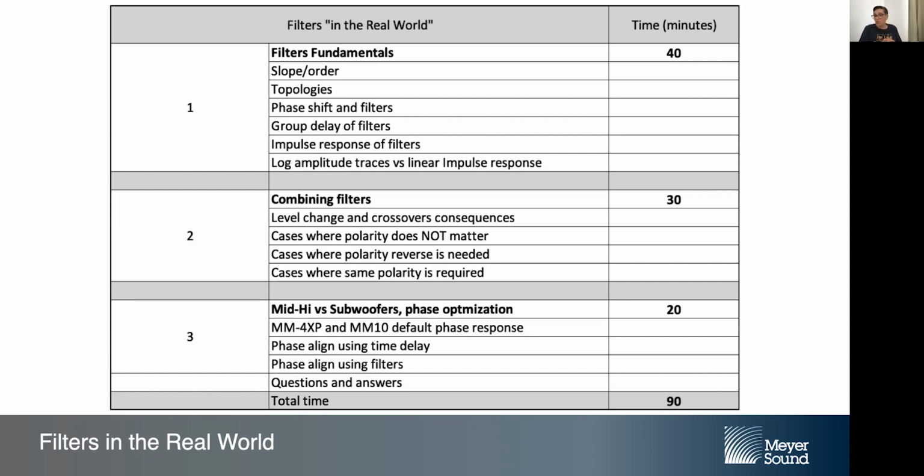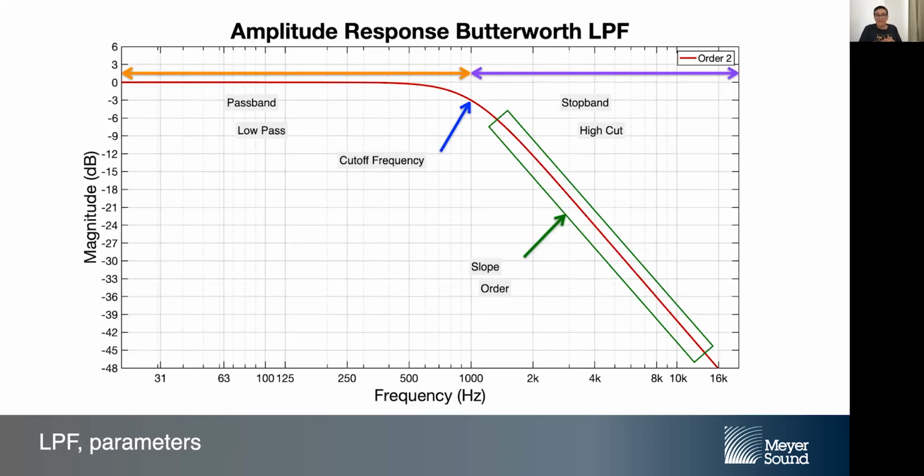If we continue with the presentation, next slide please, we're going to see the first low frequency filter with the main parameters that we're going to find in the real world. In this example, you can see a low pass filter that has two main sections. The left section is called the passband section. Those are the frequencies that we allow to pass to the next device or the next step in your system.